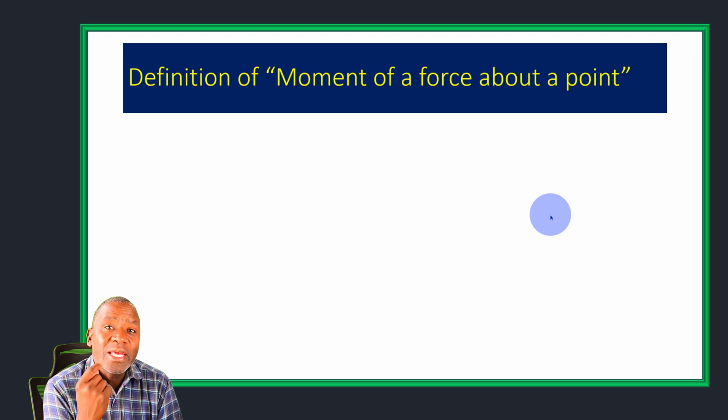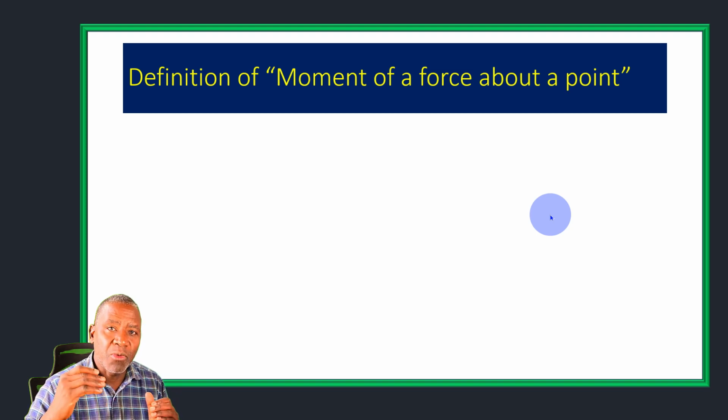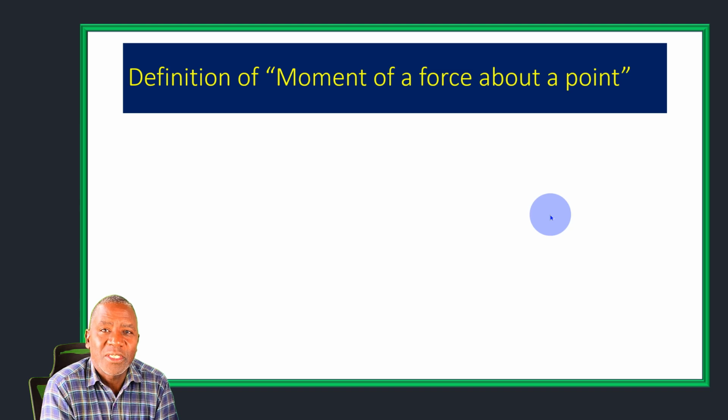Now, the other effect is that a force can make an object turn about a point. We refer to this effect as moment of that force about that point. We refer to the turning effect of a force as moment of the force about that point. It's very important.